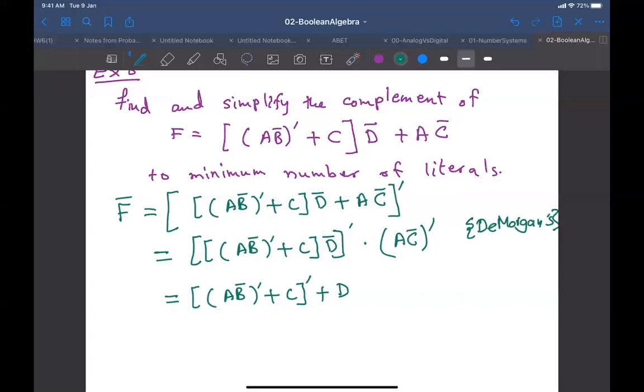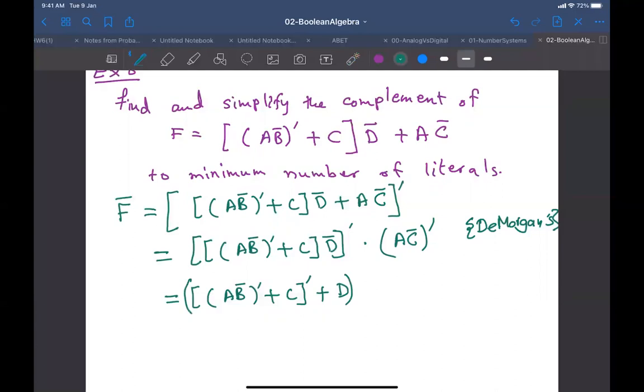I need to surround this by a bracket because of the precedence of the AND here. I have an OR of two expressions, so this needs to be surrounded by a bracket.